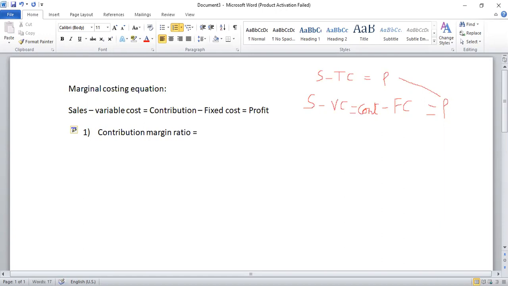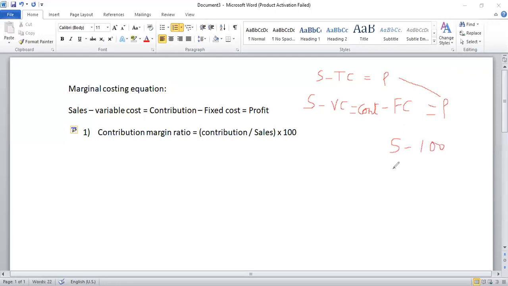This is equal to, the formula says it is contribution by sales into 100. The logic here is, if sales is taken as 100%, the contribution margin is what percentage of it. So that is the logic.